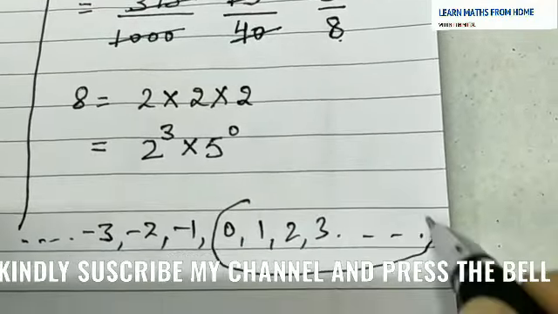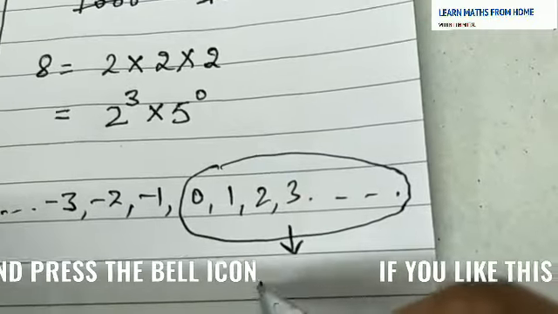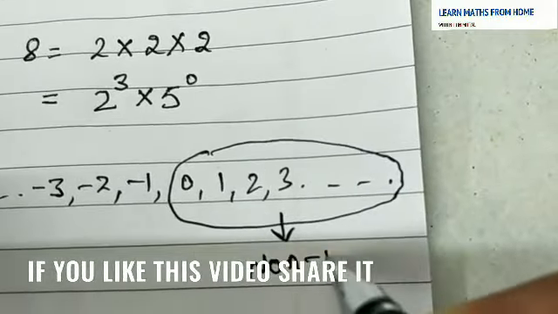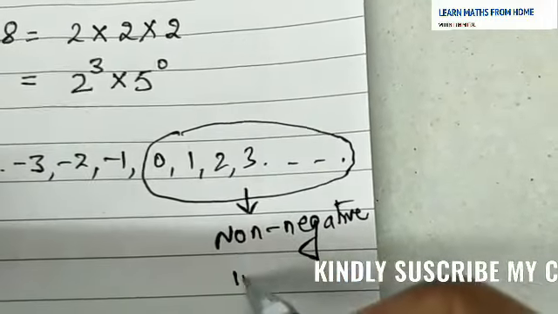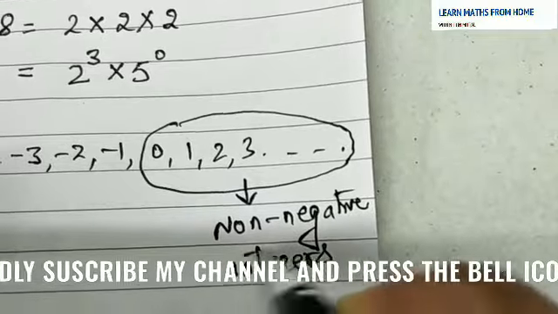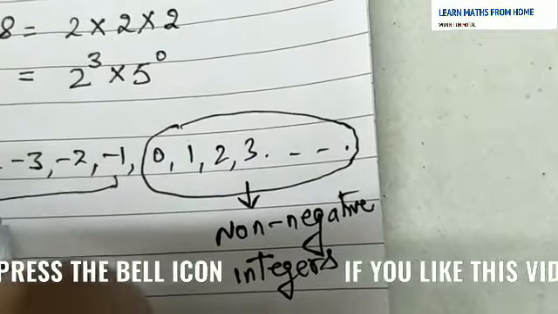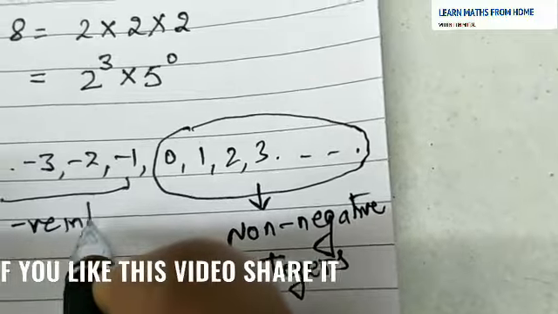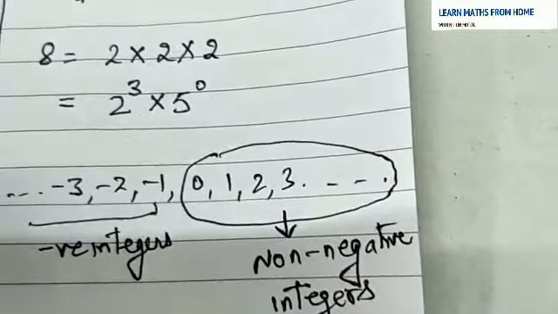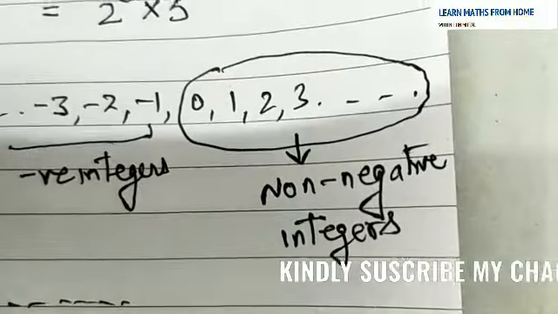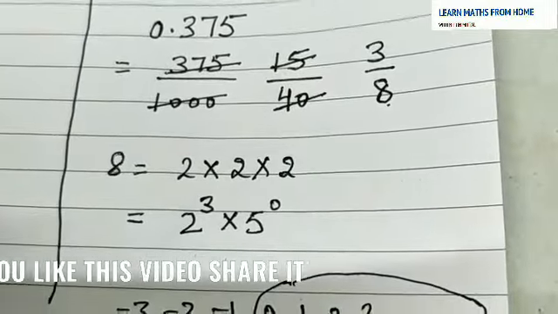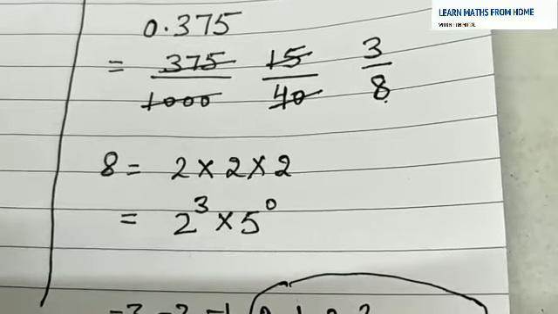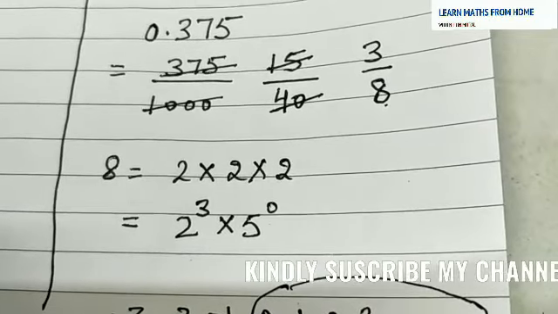If we leave out the negative integers, we will be left with non-negative integers. You can say non-negative integers are whole numbers. So in this example we have seen a decimal number whose decimal expansion terminates.